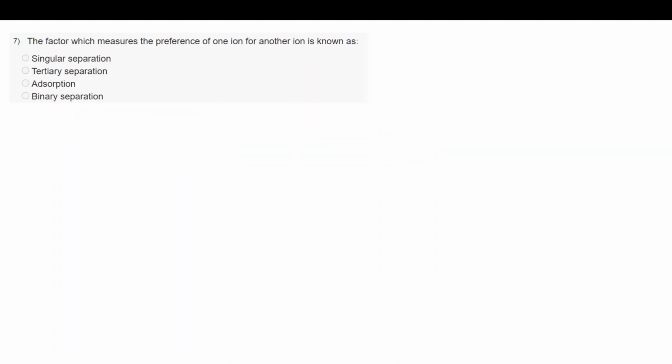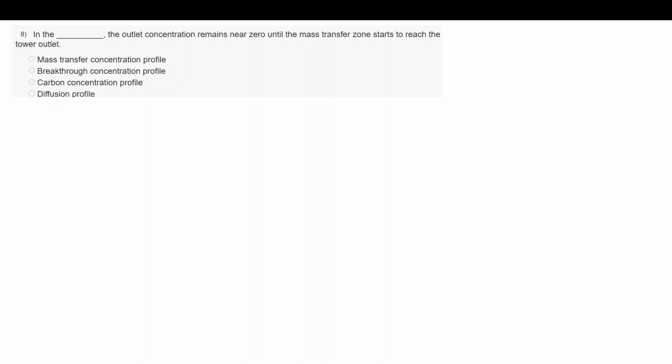Next question is a factor which measures the preference of one ion for another ion is known as binary separation factor, right? Next question is in the dash, the outlet concentration remains near zero until the mass transfer zone starts to reach the tower outlet.